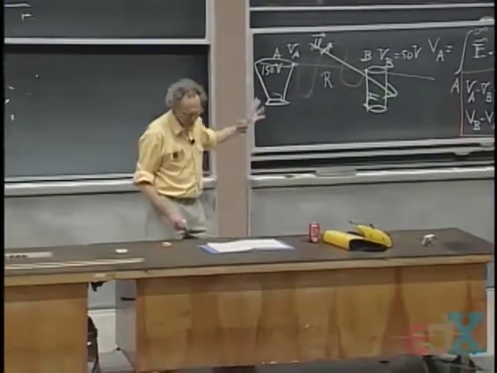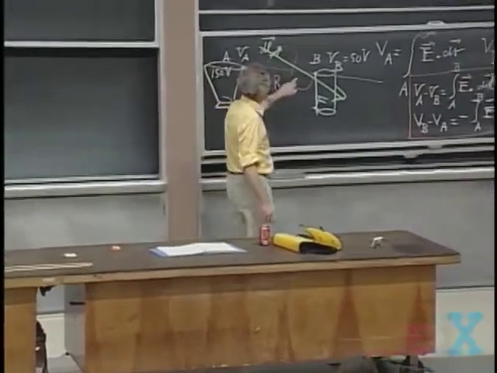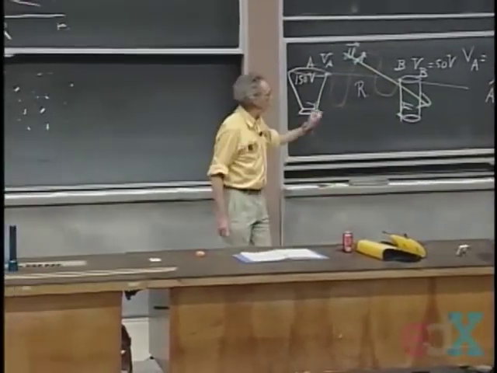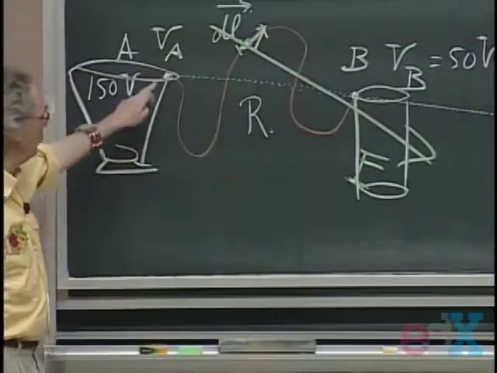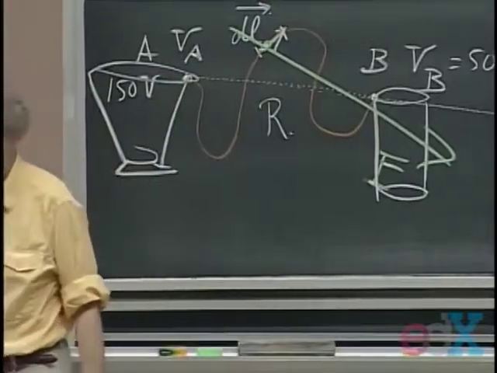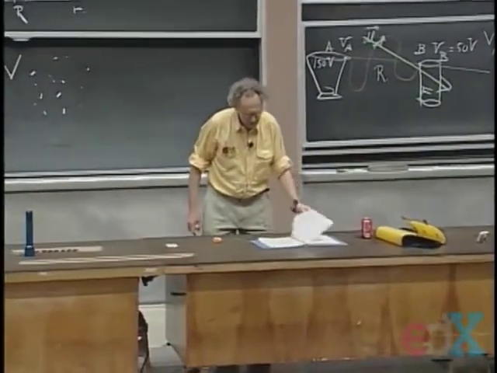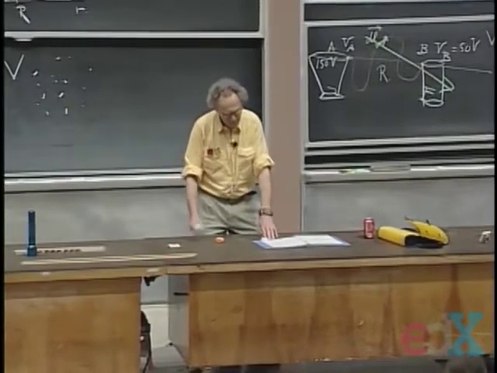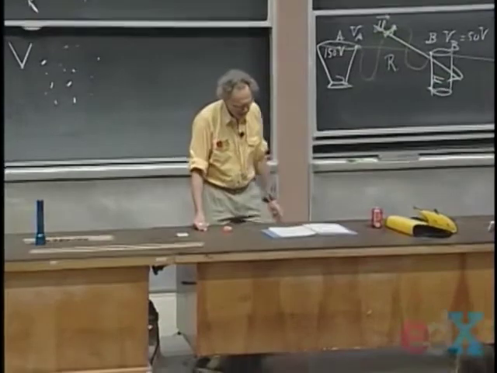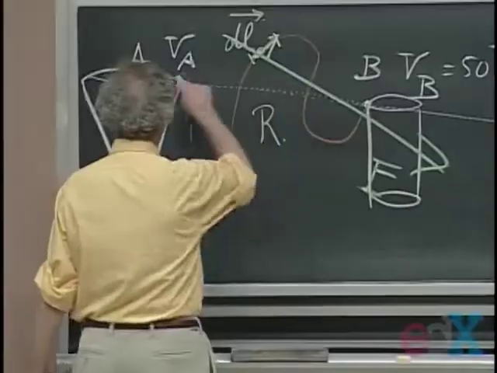I place the whole thing in vacuum, and now I release an electron at point B. An electron wants to go to higher potential. A proton would go from A to B, electron wants to go from B to A. And so, now, the electric potential energy is available, and the electron will start to pick up speed and finally end up at A.